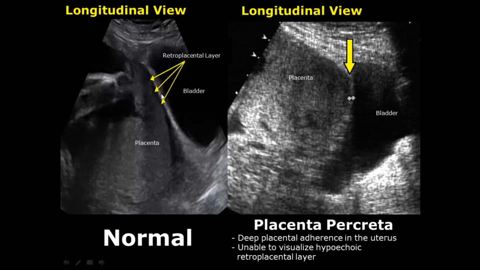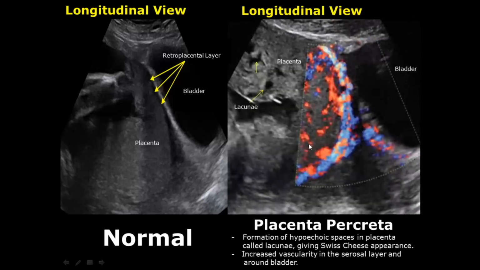Here we cannot visualize that layer. We can notice this feature around the bladder. Over here you can see the hypoechoic layer, but here it is absent.